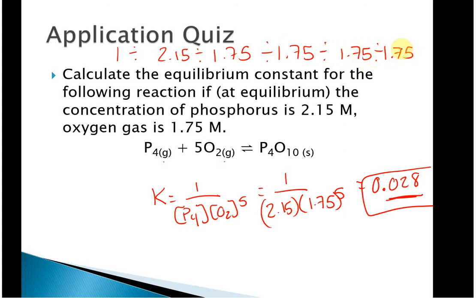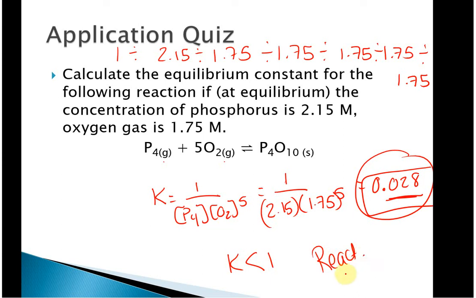It is telling your calculator 1, 2, 3, 4, that you are smart enough to know your order of operations is 1 divided by this and divided by 5 of those. Either way, as long as you are getting this, you will be fine. Now here, your K is less than 1, so this is going to be reactant favored. So you're going to have a lot more reactants floating around in that vessel than you would products.